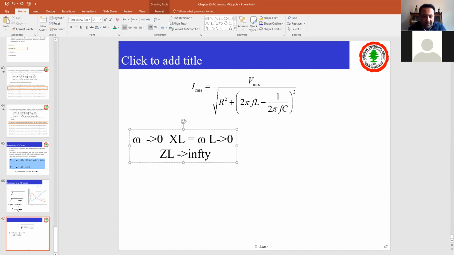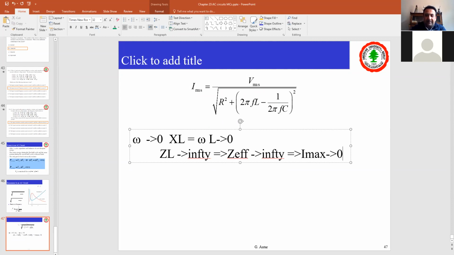ZC is 1 over omega C, all right? If ZC tends to infinity, this means that my Z effective tends to infinity. If my Z effective tends to infinity for a given delta V RMS, this means that my I max tends to 0.